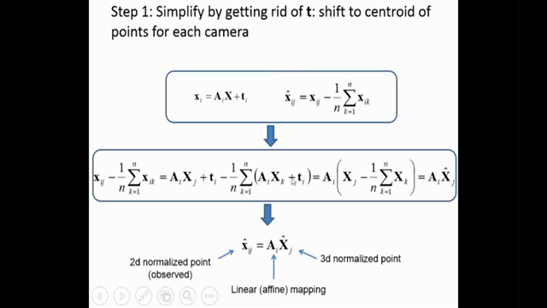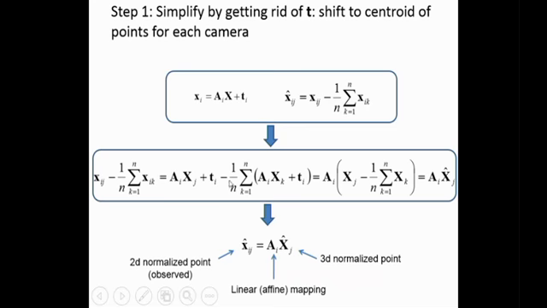So I get minus ti plus ti, so the ti's cancel out. And then I have A times some original 3D point minus an average of the original 3D points, which is equal to A times the normalized 3D points.